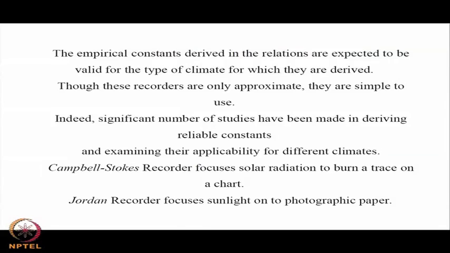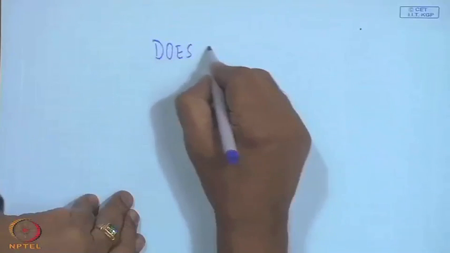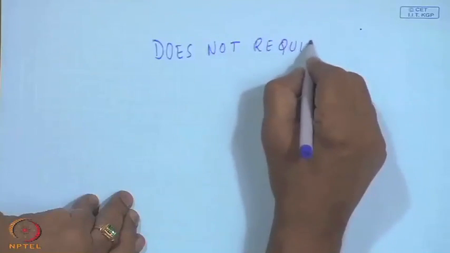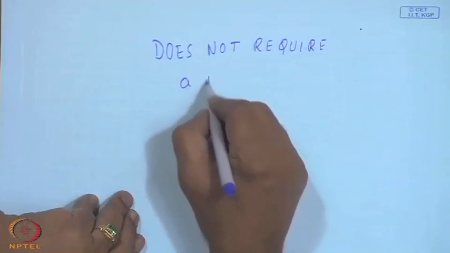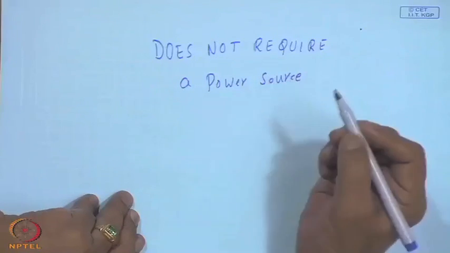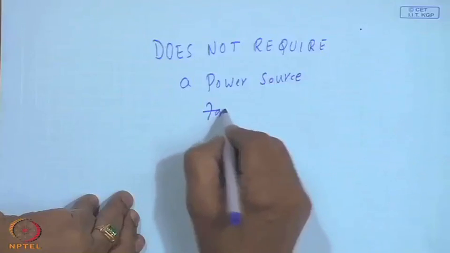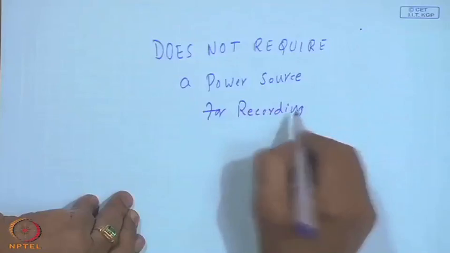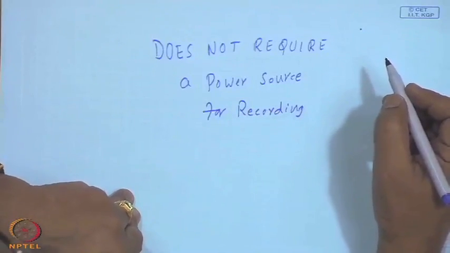So, these constants will give pretty accurate result for that location or a location with similar climate. And another advantage is that this does not require a power source for recording. For example, if you have a pyrheliometer or pyranometer, the solar radiation needs to be continuously recorded.